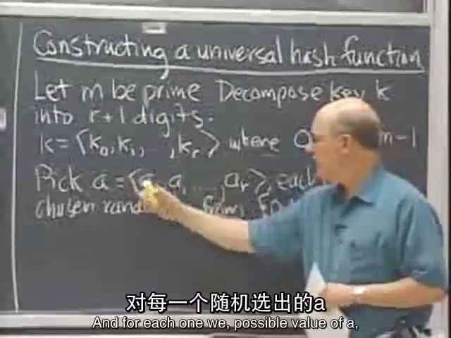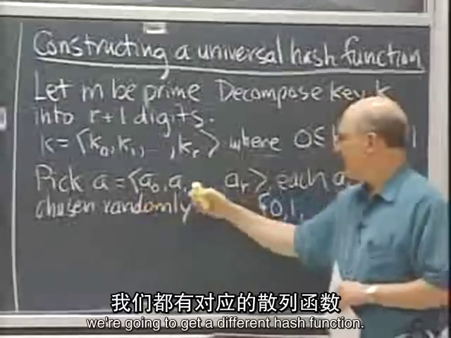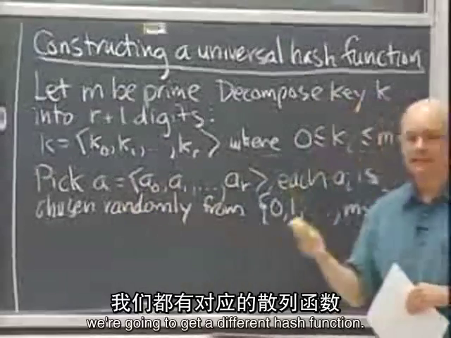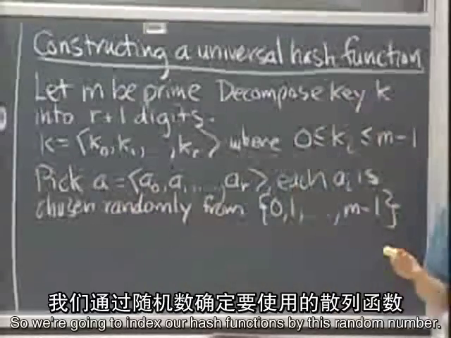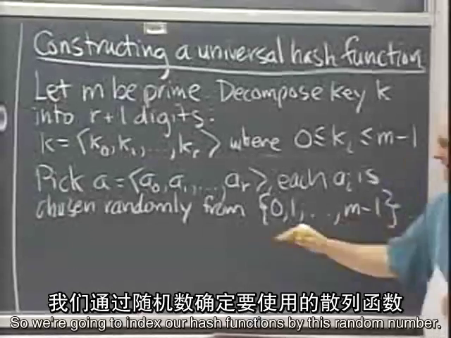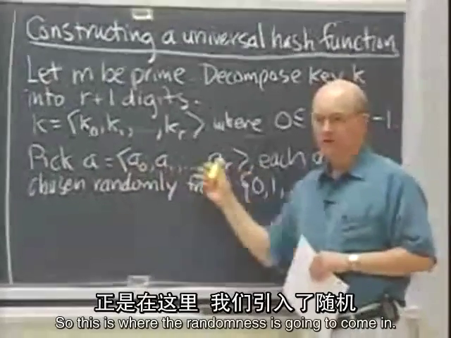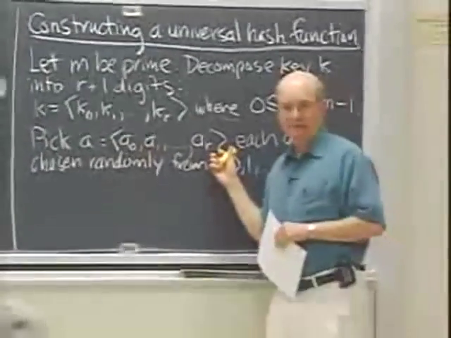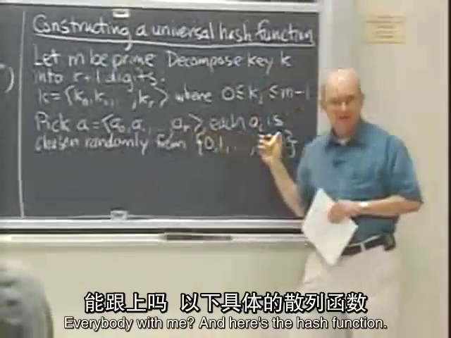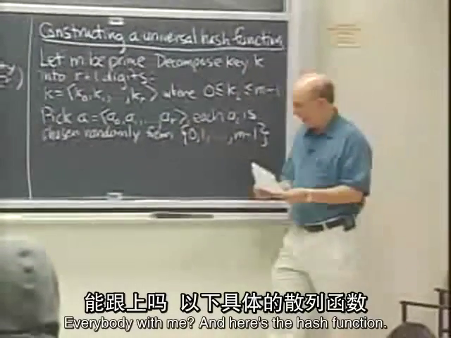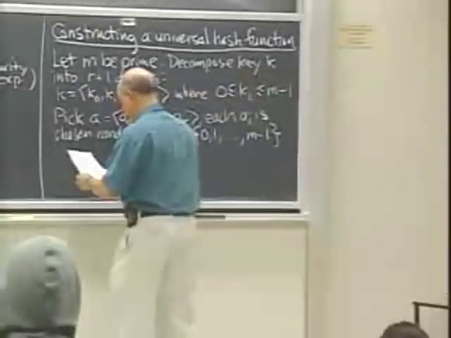And for each possible value of A, we're going to get a different hash function. So we're going to index our hash functions by this random number. This is where the randomness is going to come in. Everybody with me? Okay. And here's the hash function.